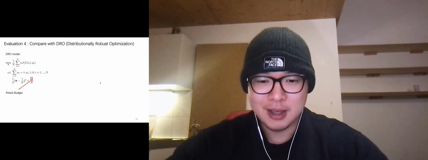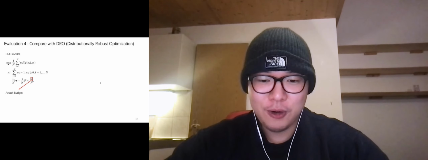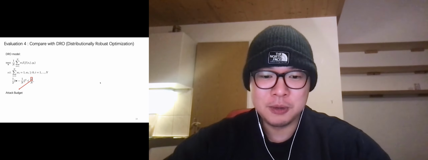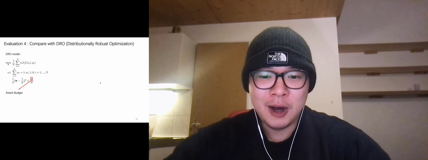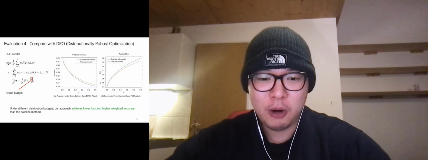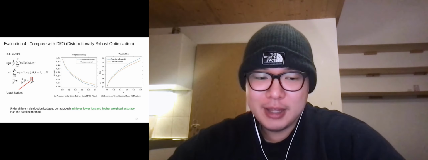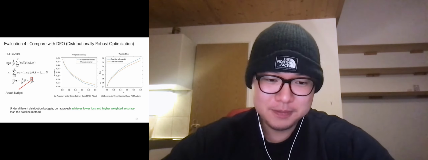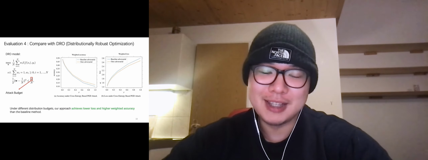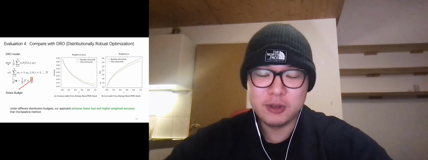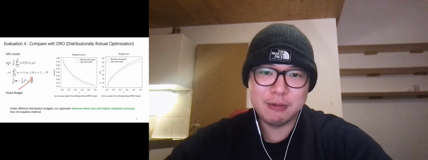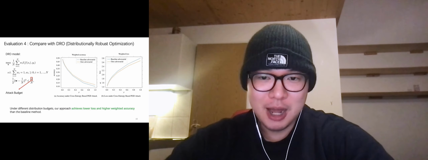However, for our setting, there is no limit at all for the attacker to modify the distribution, indicating that our attacker is actually much more powerful. As shown in the figures, under different distribution budgets, our method is able to achieve both lower loss and higher weighted accuracy than the baseline methods.